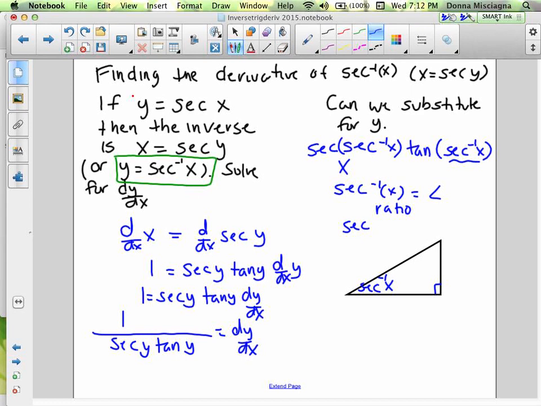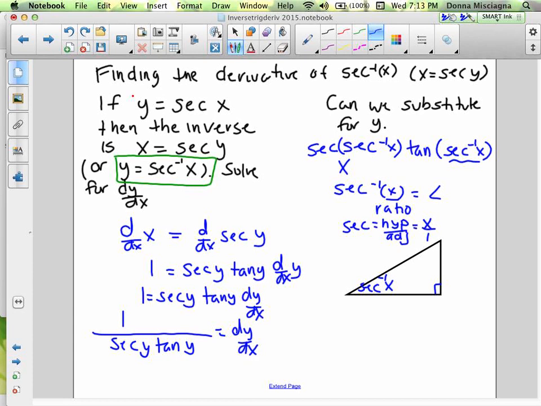So let's just do secant of anything: the secant of anything is the hypotenuse over the adjacent. So I have a ratio, because we take the arcsecant of a ratio. I have a ratio that's x. That must mean that x is the hypotenuse and 1 is the adjacent.